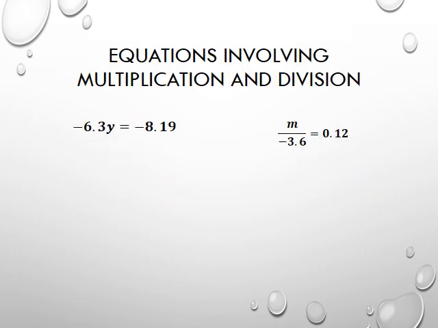Now let's look at this here. I've got a multiplication problem and a division problem. I have negative 6 3/10 times y equals negative 8 19/100. Well, the opposite of multiplying is dividing, so I'm going to divide by negative 6 3/10. And whatever I do to one side of my road, I have to do to the other side, so negative 6 3/10.